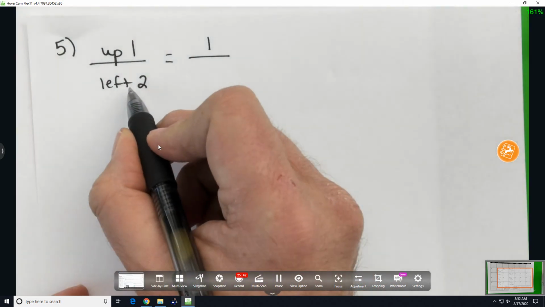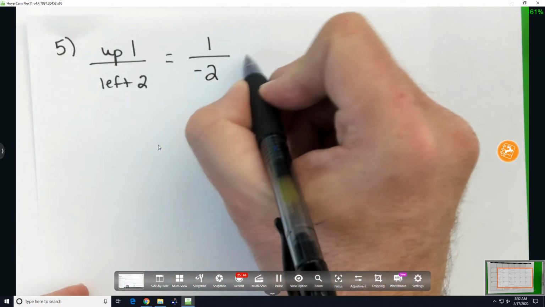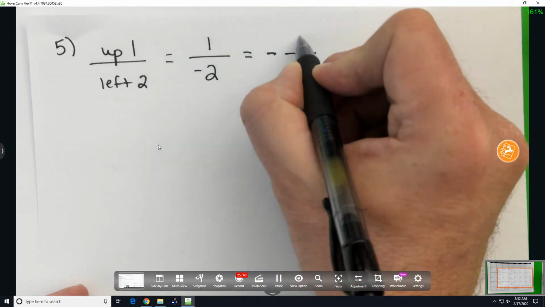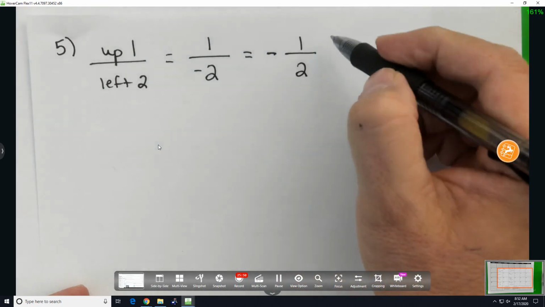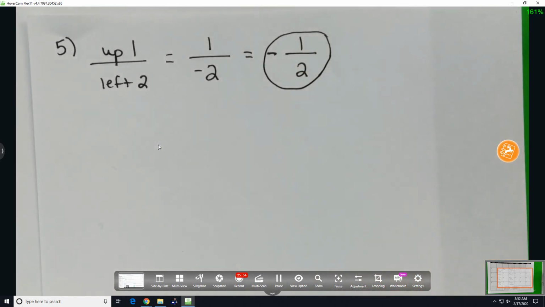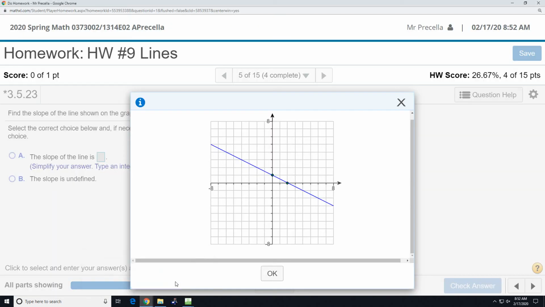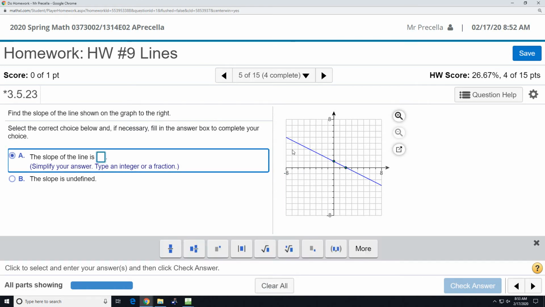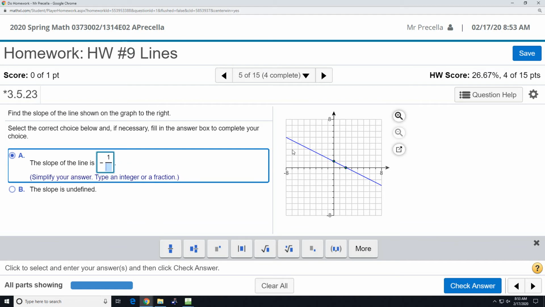Left would be negative. 1 over negative 2, we normally would write that as a negative 1/2. Negative 1/2 is the slope of that line that I just showed up here. The slope of this line is negative 1 over 2.